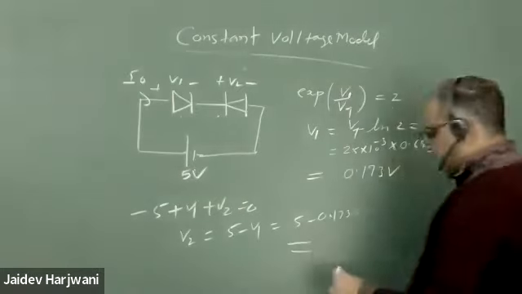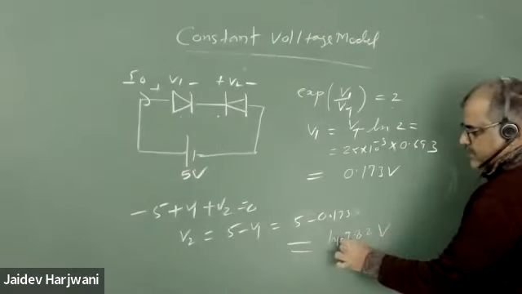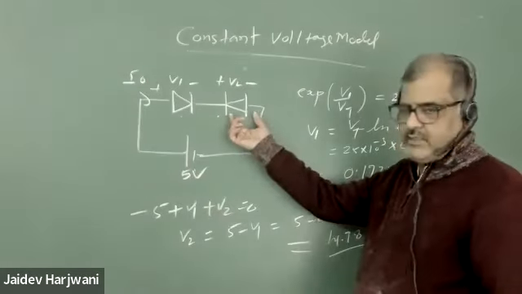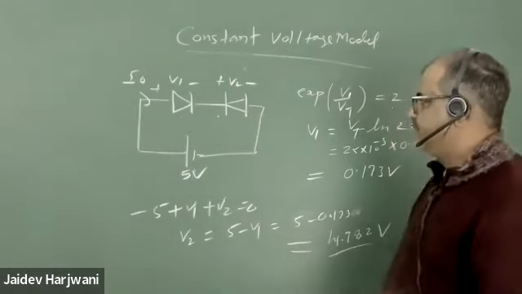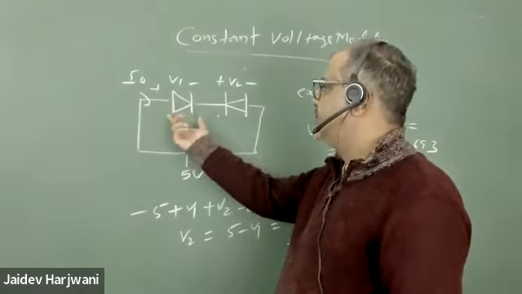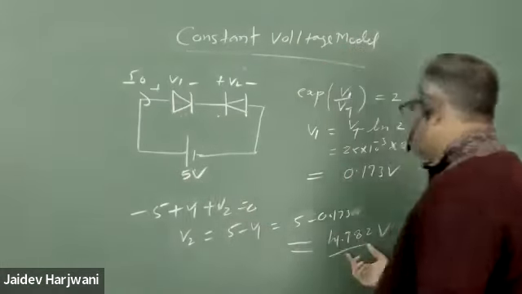This will come around 4.982 volts. You can check the calculation. So most of the voltage is getting dropped here. Since here the minimum idle current is flowing, the voltage drop is very less. Here it is forward bias and the remaining voltage is dropping here.